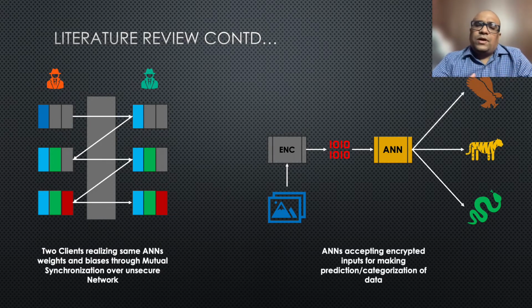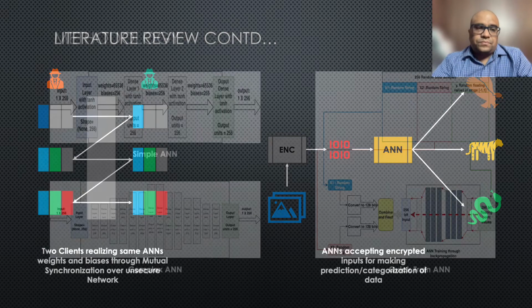But for ease of reflection, in this picture I have used animal categorization. That means the ANN is basically doing categorization with encrypted data. However, this is kind of limited research. Actually no encryption and decryption is happening here, but only dealing with encrypted data.